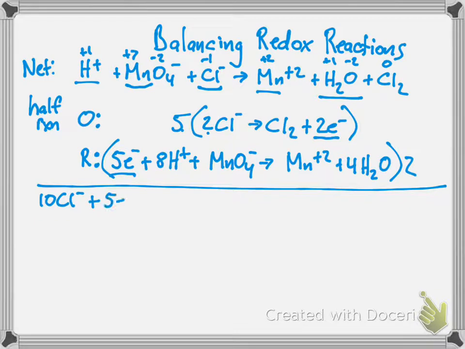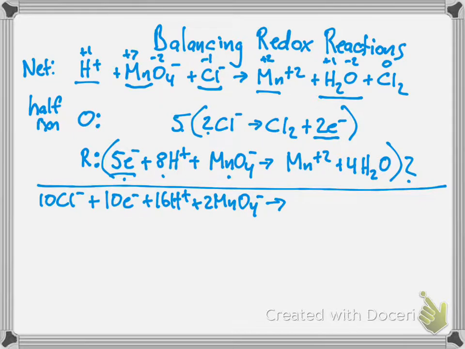I have the 5 electrons there, but times 2, so I have 10 electrons, and then 2 times the 8 gives me 16 H pluses, and 2 times the MnO4 gives me 2 MnO4 minus.